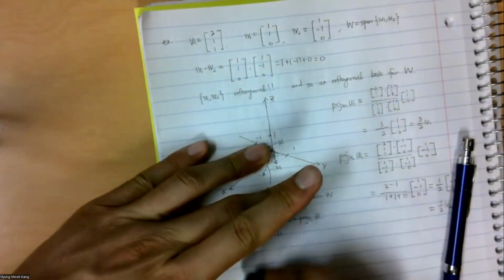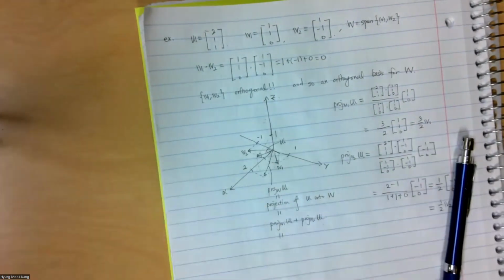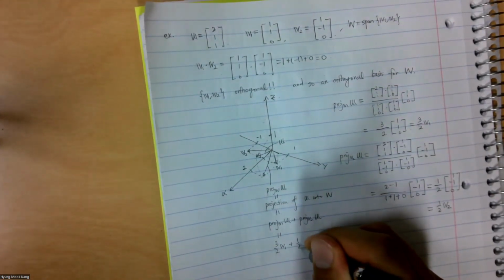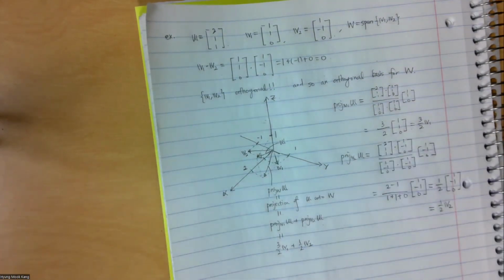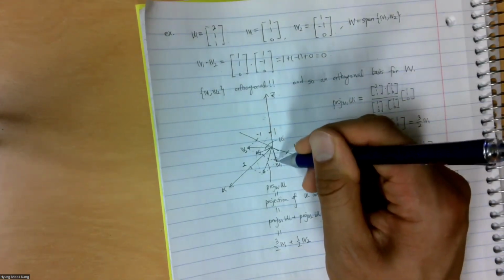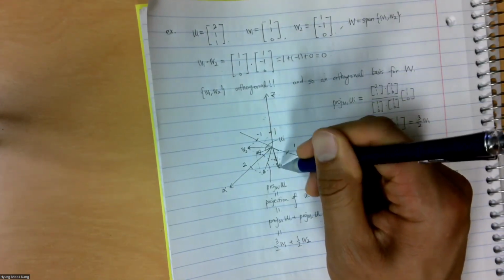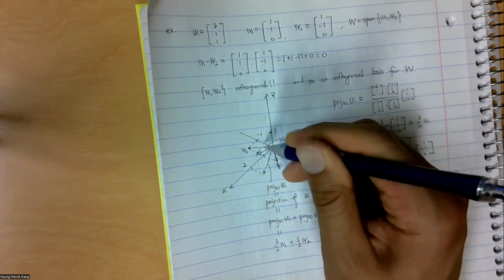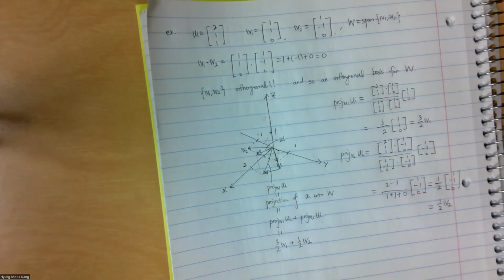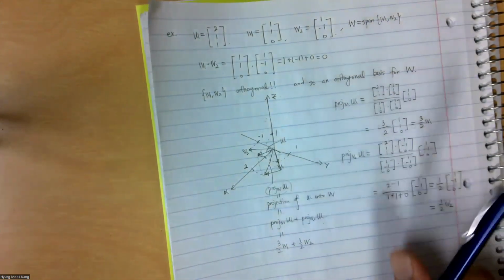So it's 3 over 2 v1 plus half v2. Graphically, 3 over 2 is 1.5 of v1, and half of v2 gives this much, which is this vector.